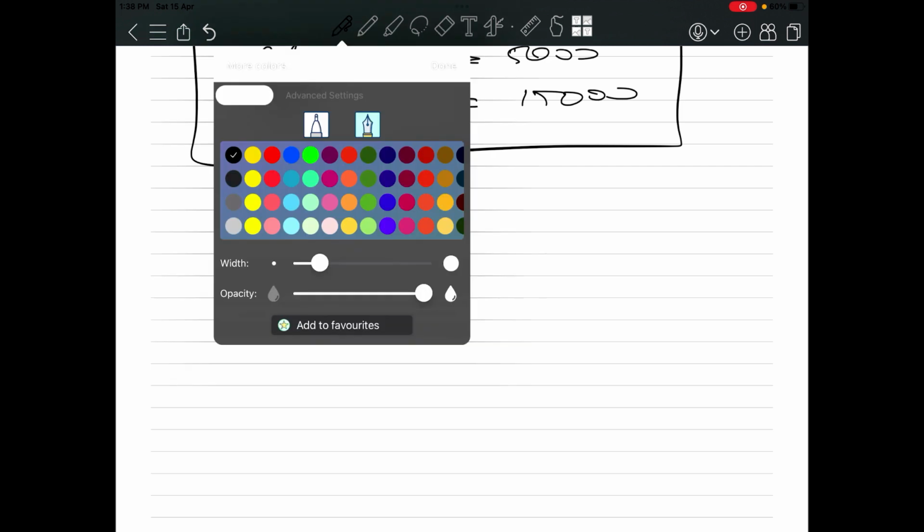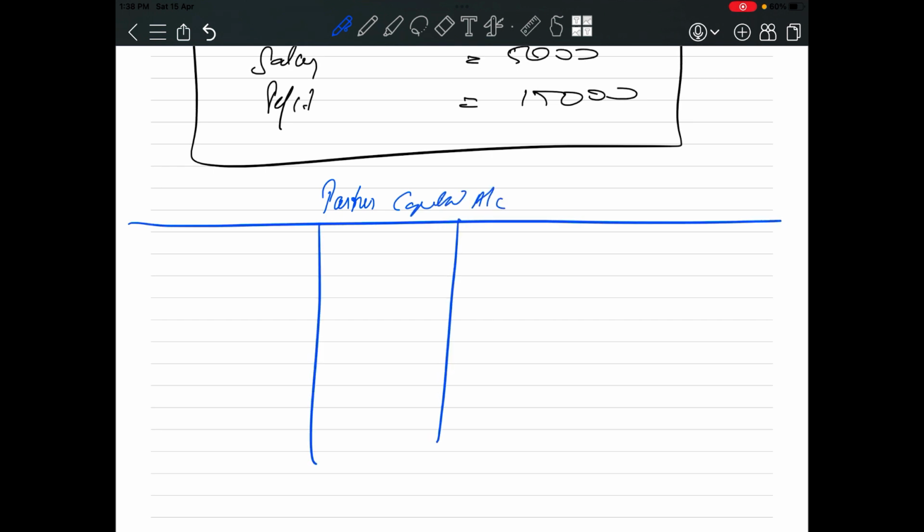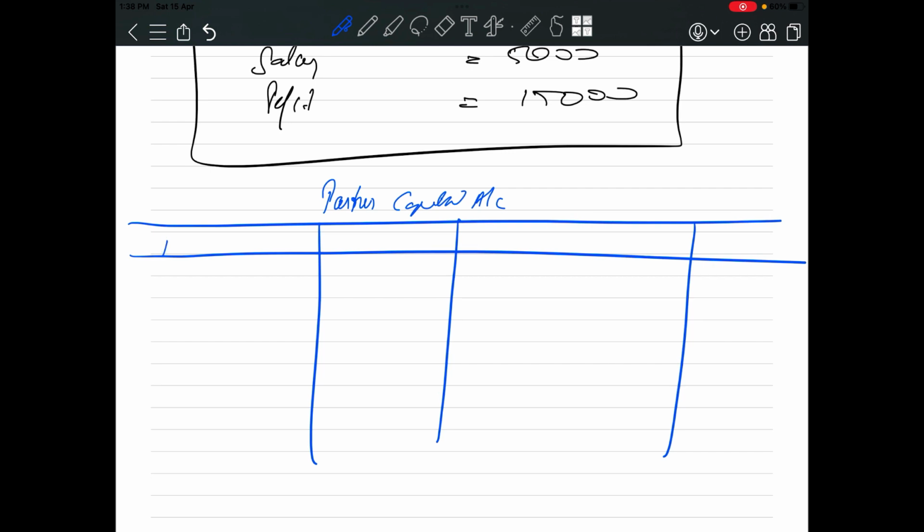Now we will make partner's capital account again. Particulars, amount, debit side and credit side. Again, I will repeat. We all know that capital is a liability for the partnership firm, so it will have a credit balance.